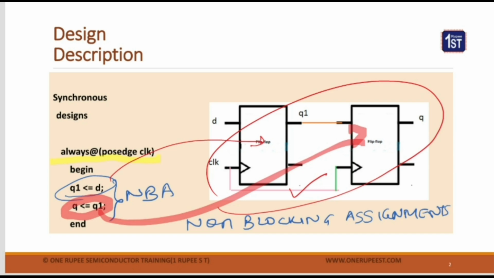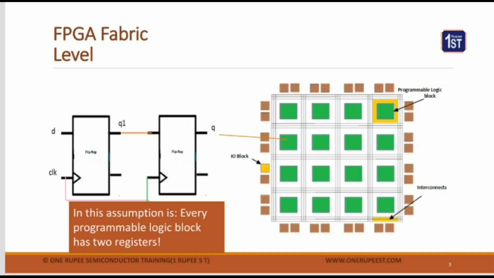Now try to understand how this will fit on the FPGA fabric and what are the different basic resources of a field-programmable gate array. So if we consider this FPGA, then we have programmable logic blocks. They are shown here by green color, programmable logic blocks or configurable logic blocks.